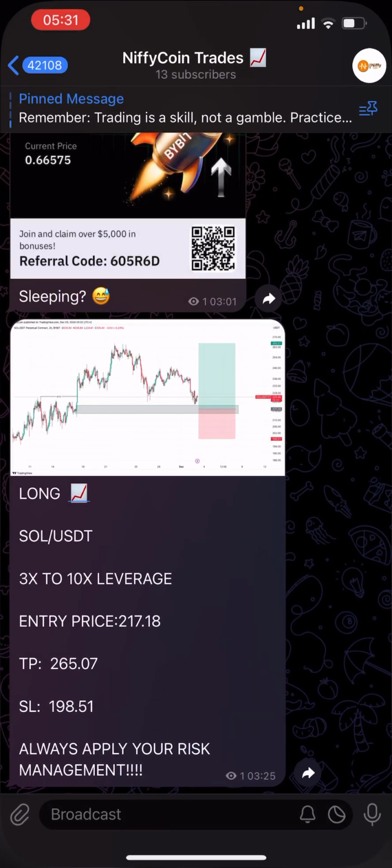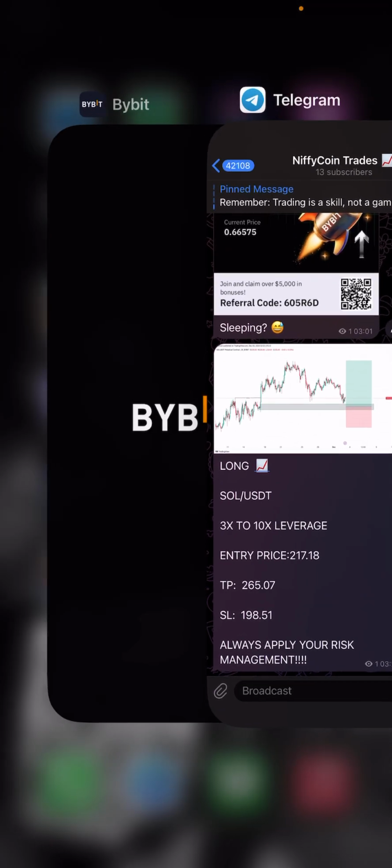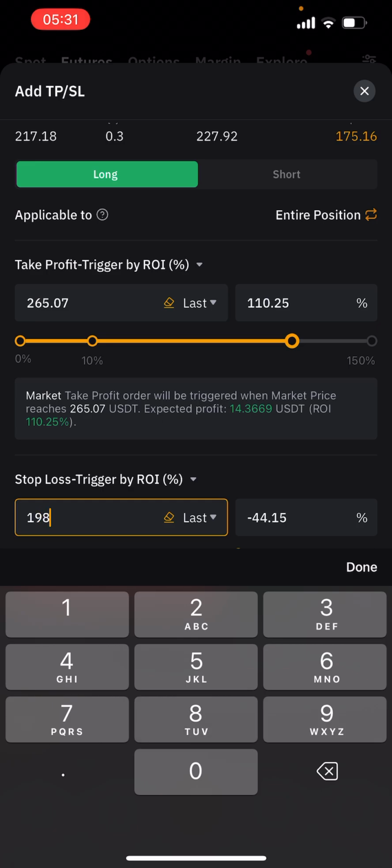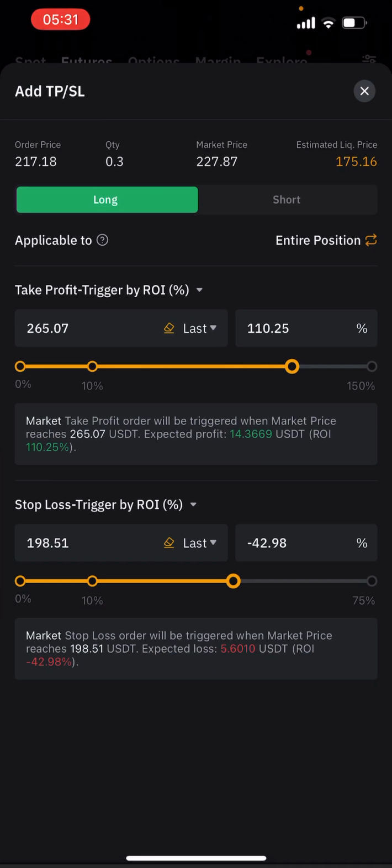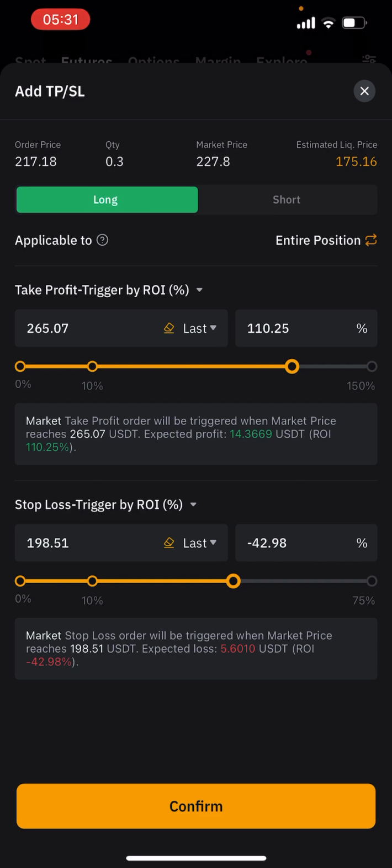So let me put in the stop loss, 198.15, or 0.51, I mean. Once I put in the stop loss here, you can see the expected loss. If this trade hits my stop loss, I'm only going to lose $5.6 out of the $13 that I'm using to trade this particular token. But if the trade hits my take profit, I will be making $14.